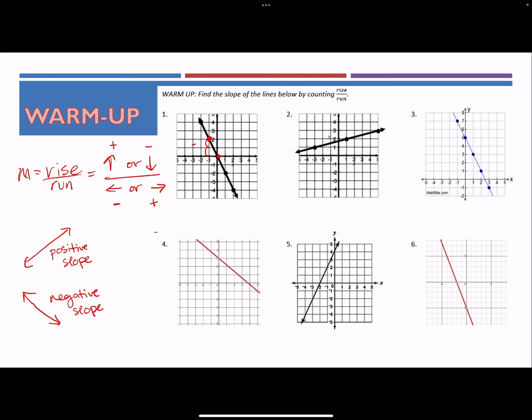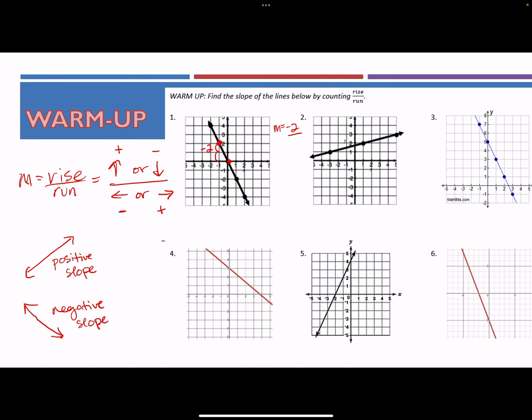Because I went down, that's -2. So my slope is going to be -2 over, and then I'm going over 1 to the right, so that's in the positive direction. So -2 over 1 simplifies to -2. So my slope is -2.